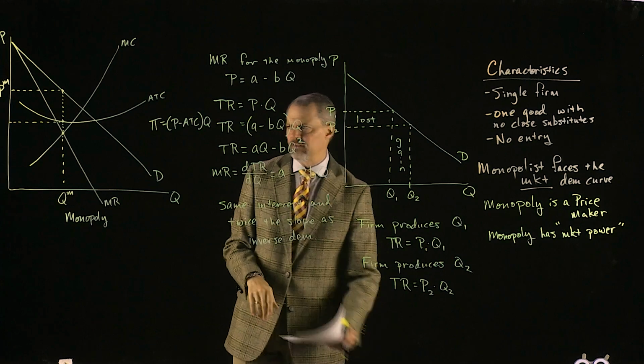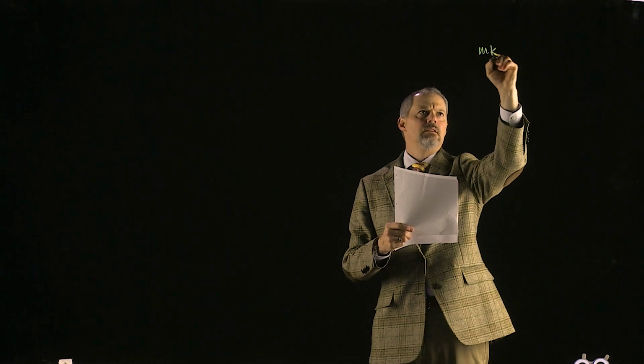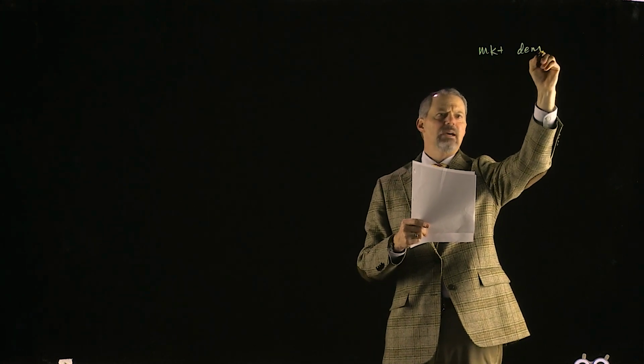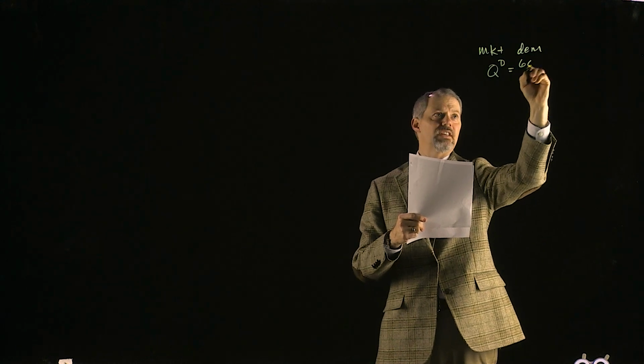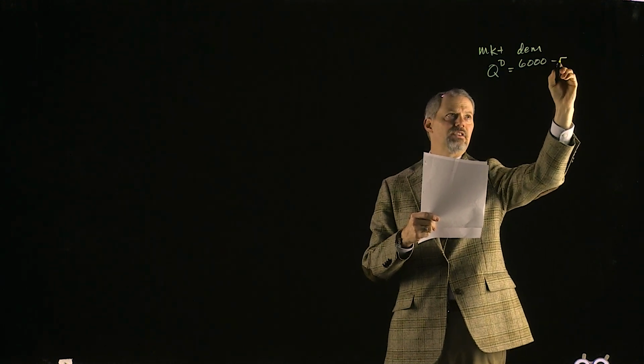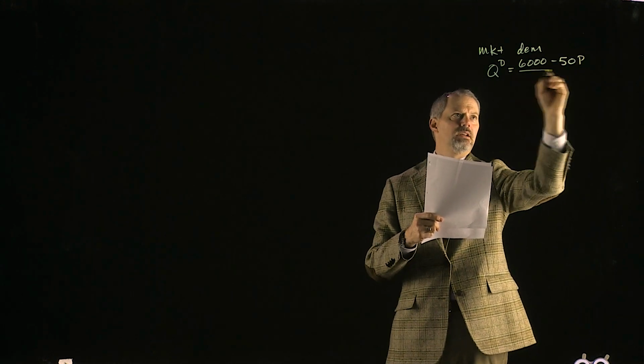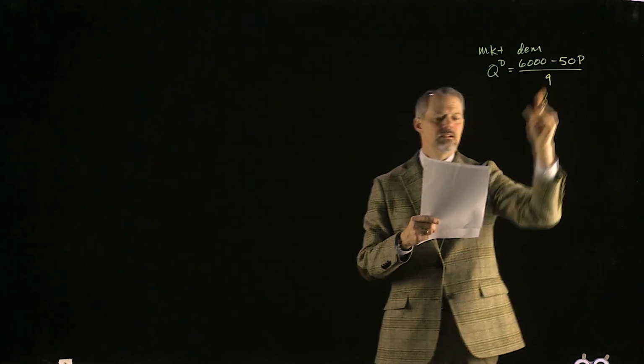So let me clear this off and we'll work through that problem. So let's use the same market demand. So we've got market demand, that was Q equals (6,000 minus 50p) divided by 9.